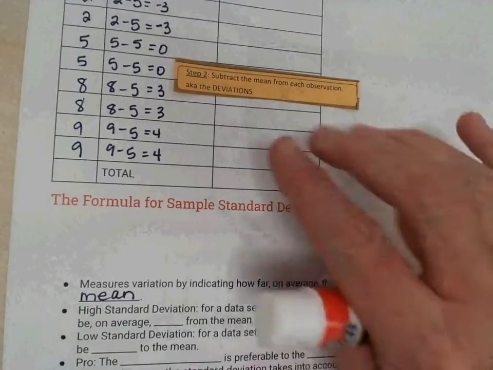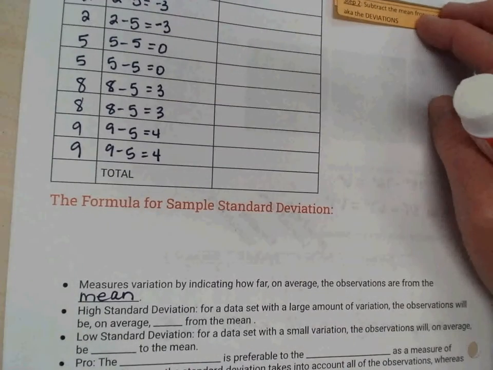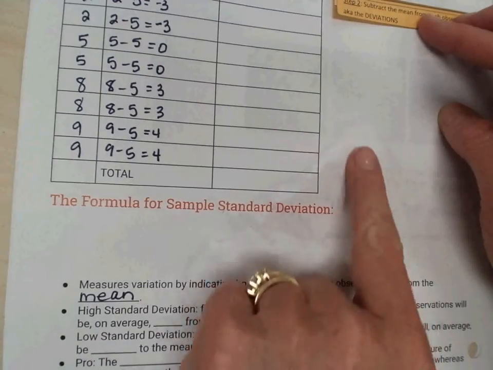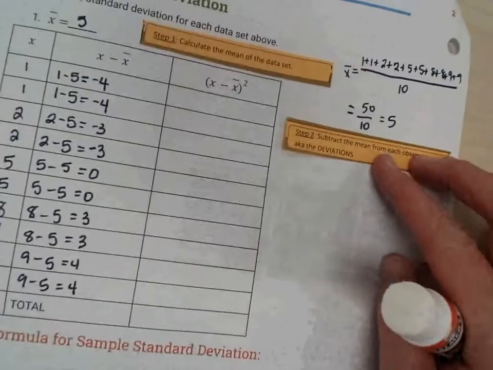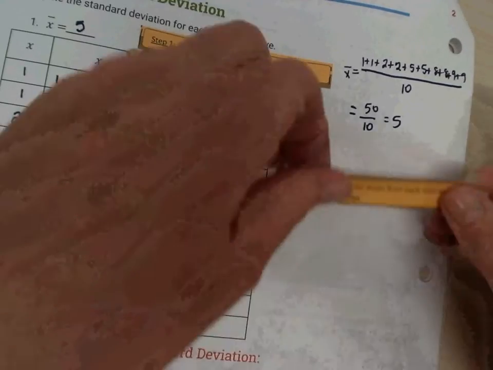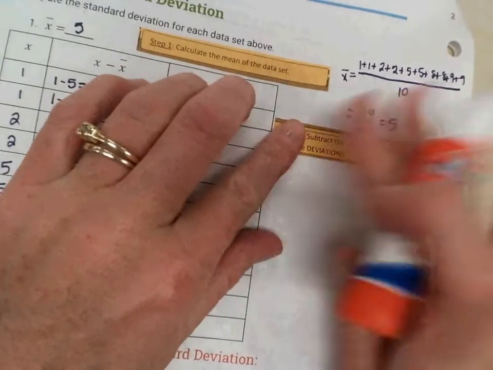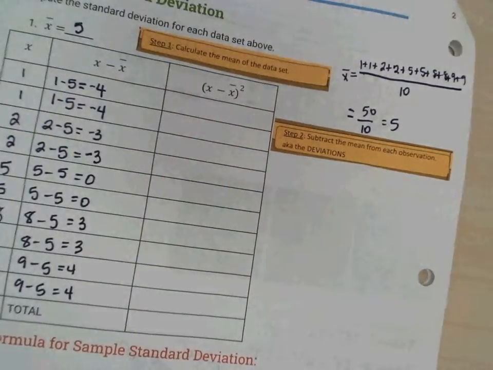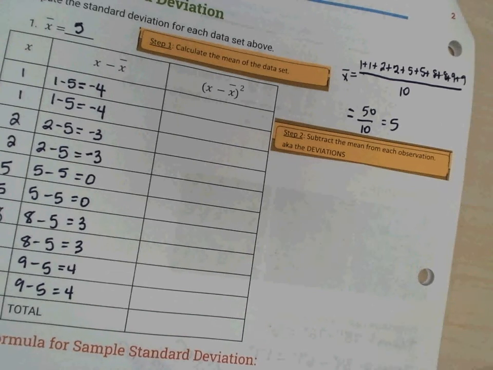You're going to glue step 2 in right below where you calculated the mean. We're going to need some space here. And all of this is specific to sample standard deviation.